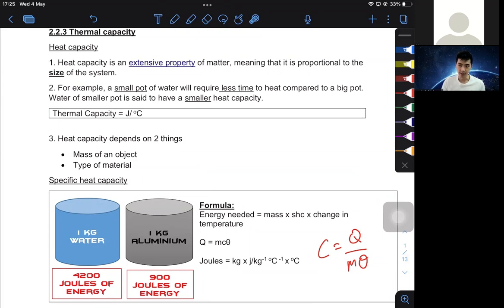Thermal capacity actually has the same concept as specific capacity. If I rearrange thermal capacity, I can say that Q is equal to thermal capacity multiplied by theta, whereas specific heat capacity is Q equals mc theta.